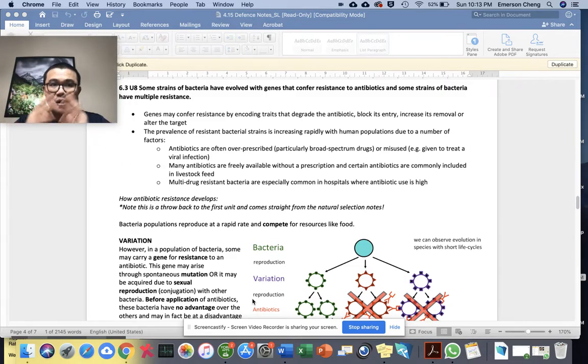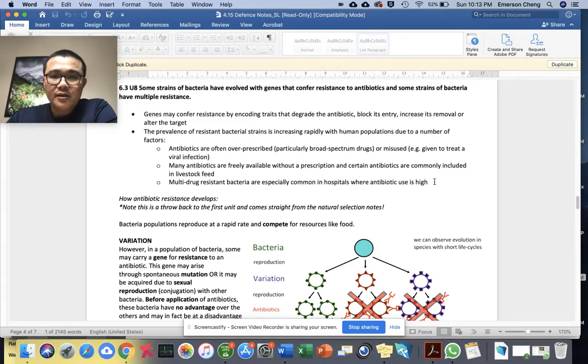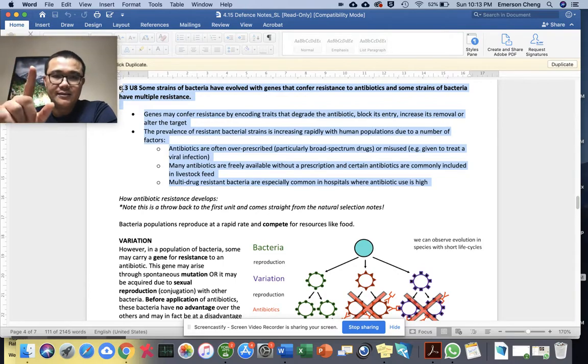If you remember, antibiotic resistance was a case example of that, which I did ask you to memorize previously, so I will go a little bit faster on this part. This part talks about why we have antibiotic resistance. I think you guys learned about some of this back in grade 9.